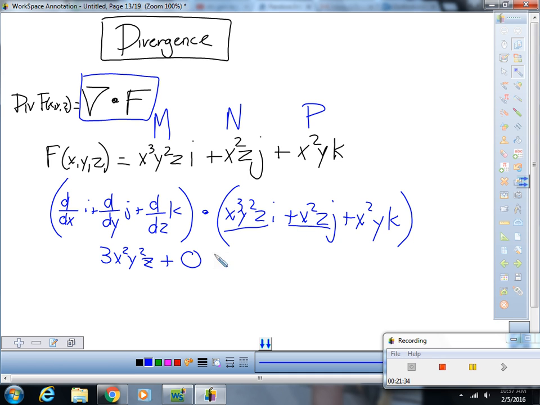Plus 0, plus 0. Okay, now, we wanted to find it at the point (2, 1, -1). So let's say we just wanted to see what it was at a certain point. So you plug that in, and what do you get? Negative 12. Okay?